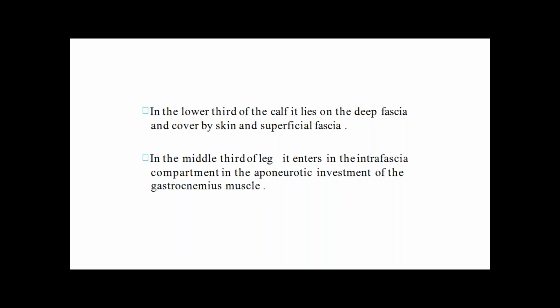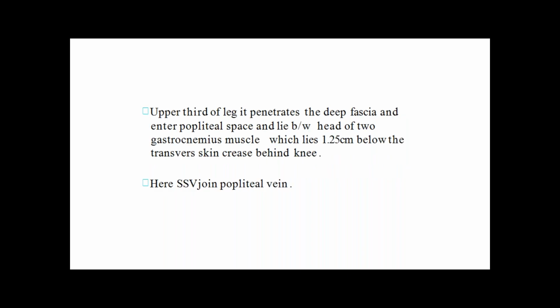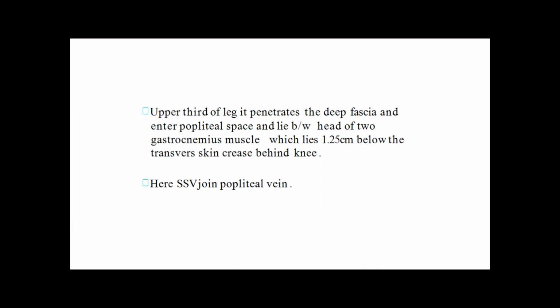So it will be somewhat deeper when compared to the lower third of the calf. In the upper third of the leg, it penetrates the deep fascia and enters the popliteal fossa and lies between the two heads of the gastrocnemius muscle, 1.25 centimeters below the transverse crease behind the knee joint. So here the short saphenous vein joins the deep vein called the popliteal vein, forming the saphenopopliteal junction.